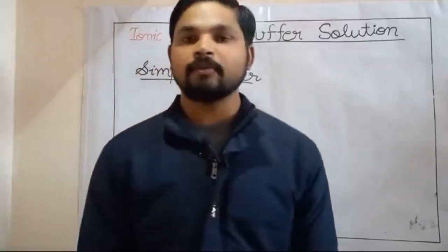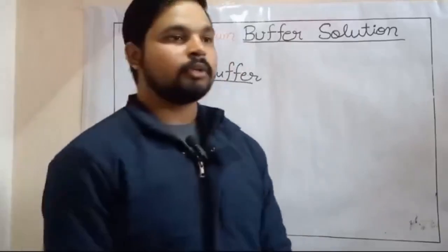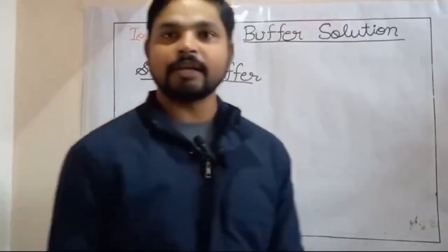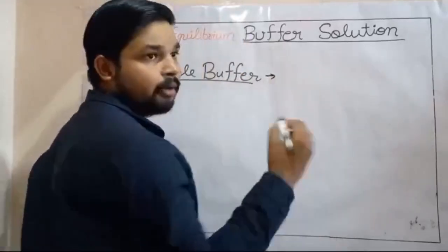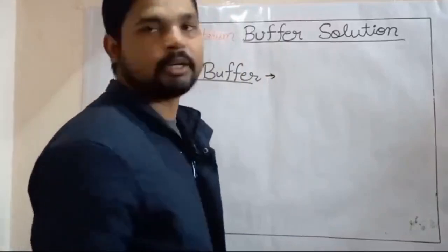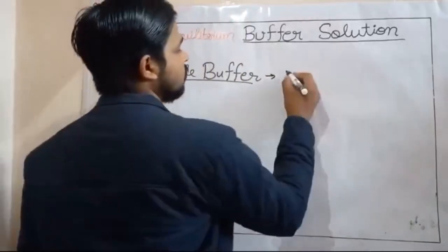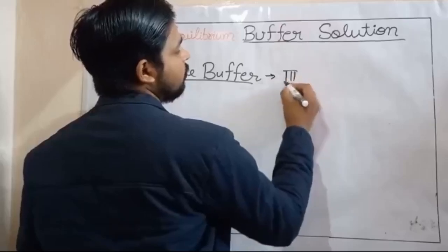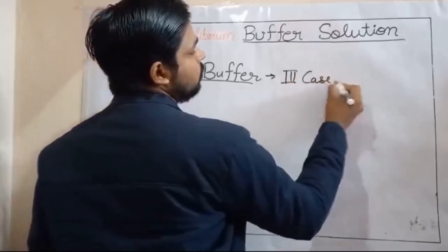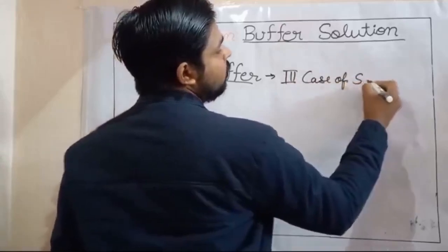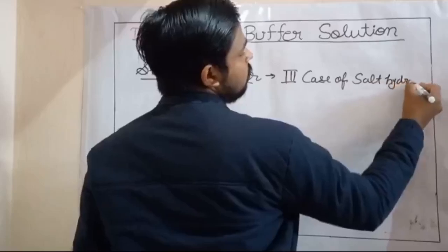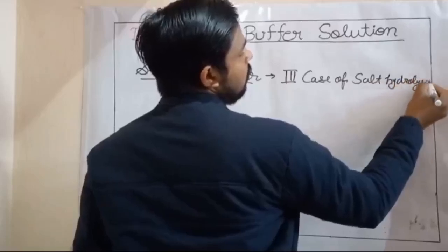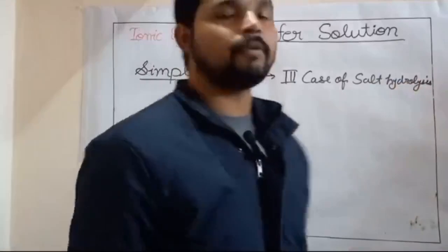How does a simple buffer act? The simple buffer is the third case of hydrolysis. Okay student, it is nothing but the third case of salt hydrolysis. We know about the third case of hydrolysis.